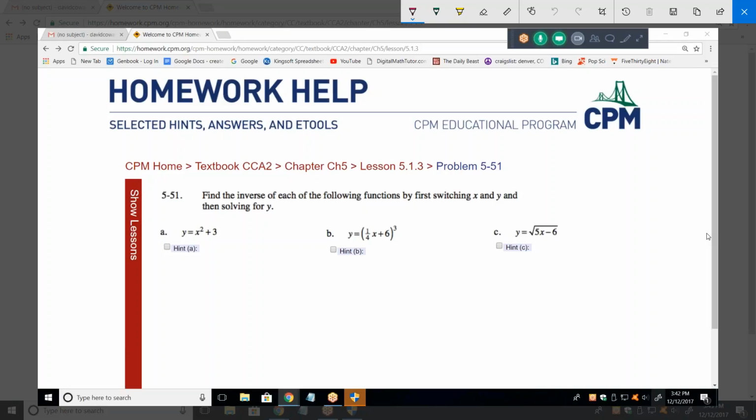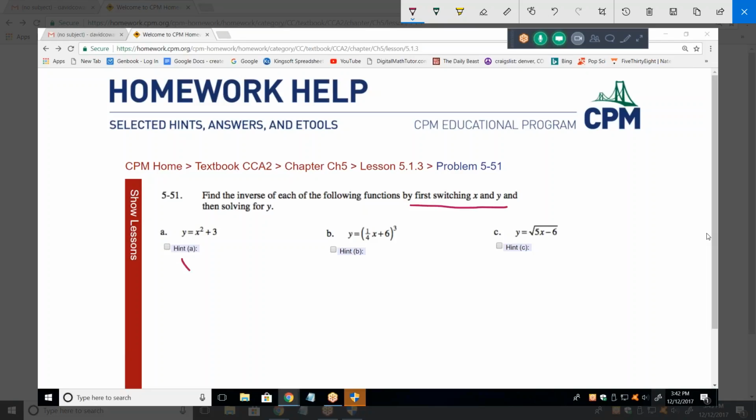Switch x and y, and then solve for y. Do it one step at a time. What's the first step? Switching x and y. Do that.